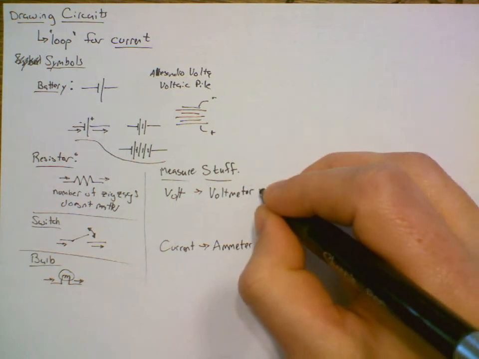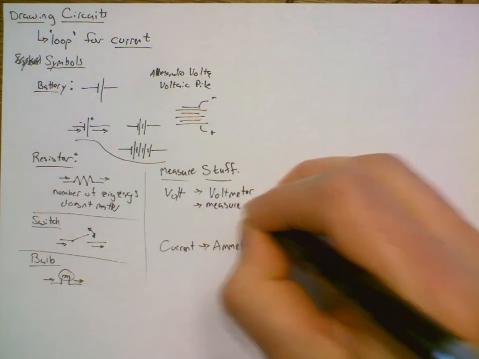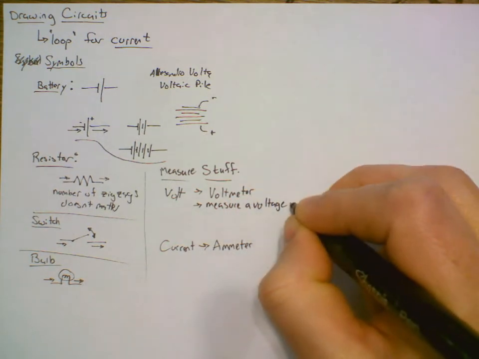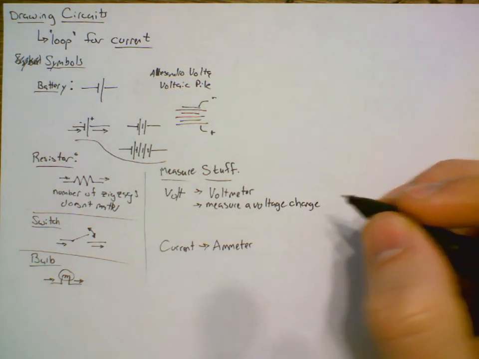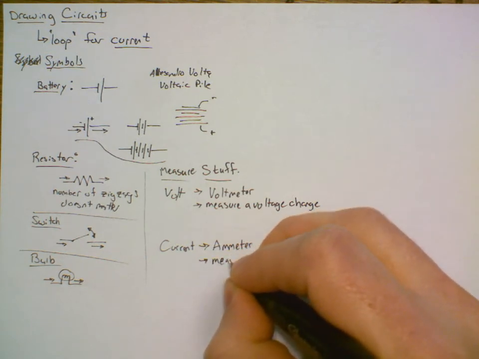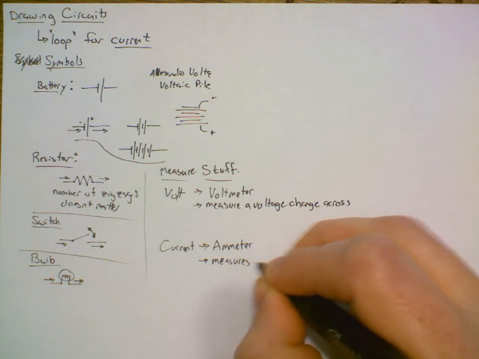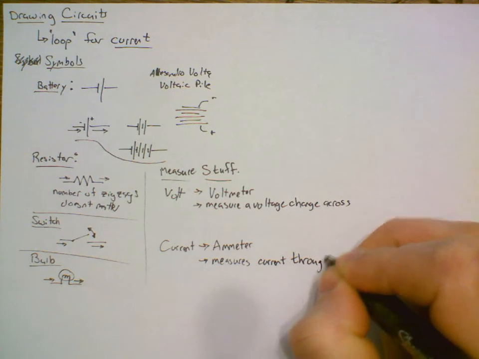Important to realize, a voltmeter measures a voltage difference or change because we're looking at energy. We're looking at how the energy changes. An ammeter measures current through. We talk about across, and through.